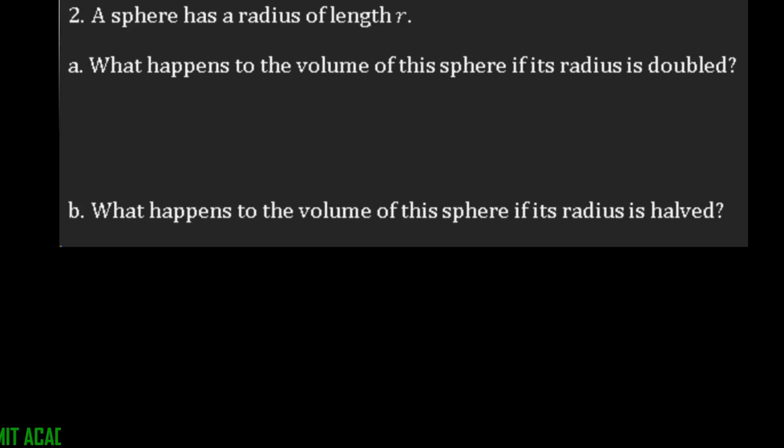Moving on to the next part, it says a sphere has a radius of length r, and it asks what happens when the radius is doubled. That just means it's almost like we're saying 2r. And so we can plug that into our formula. So we have volume is equal to 4 times pi times the radius, which is 2r to the third power, all over 3.